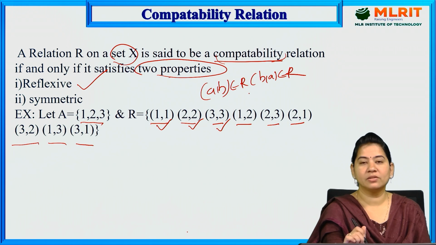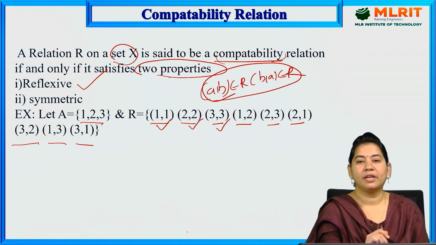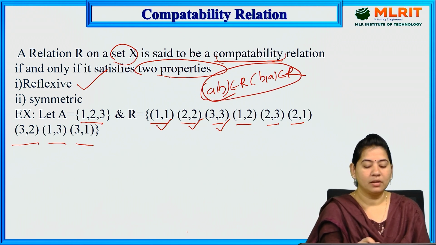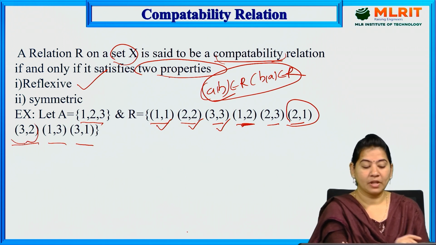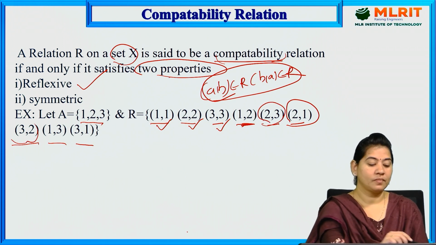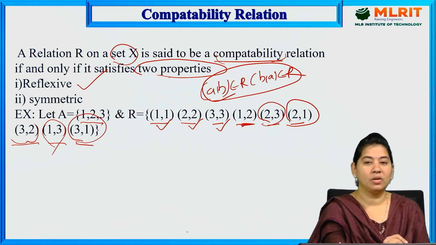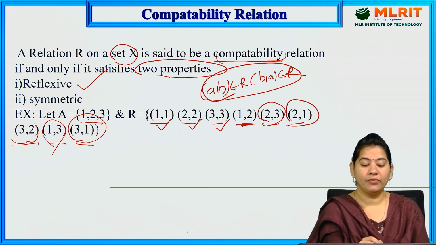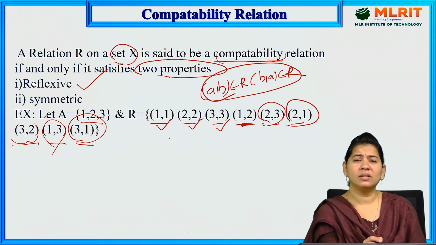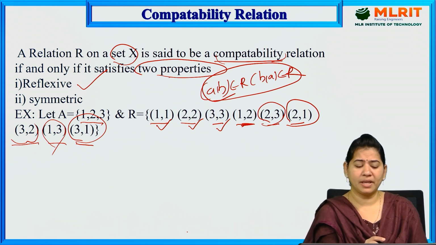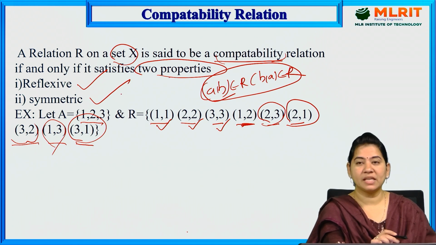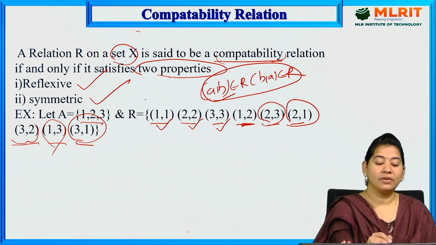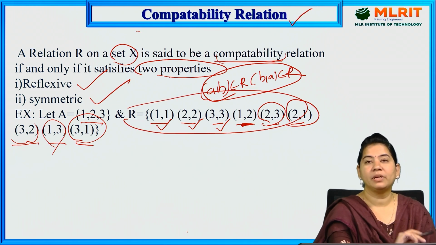So here (1,2) is there, (2,1) is also existing here, and (3,2) is there and (2,3) is also existing. (1,3) is there and (3,1) is also existing in the relation. So if you observe, as all the pairs are in the form (A, B) and (B, A), we can say this is a symmetric relation. As these two properties are satisfied, we can say that the given relation R is called a compatibility relation.